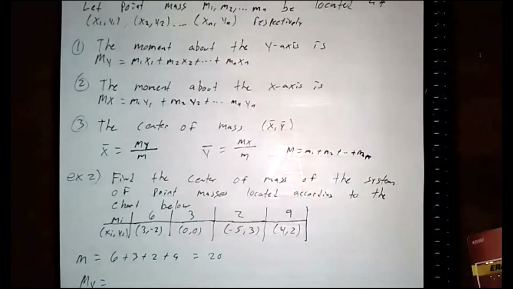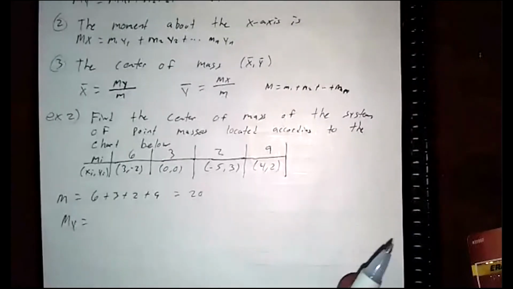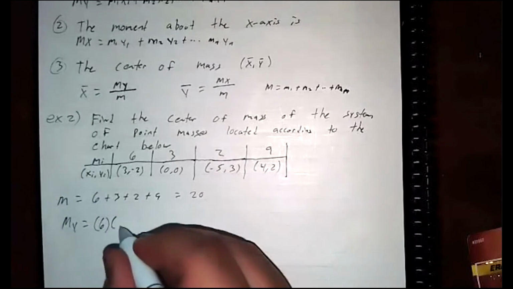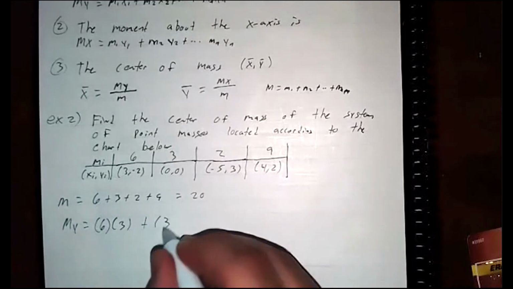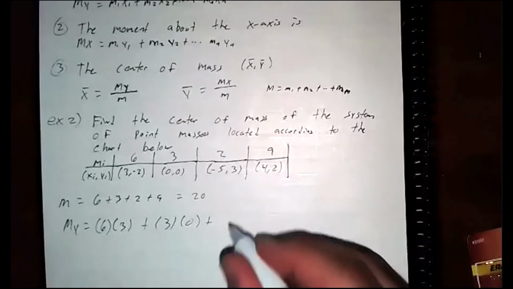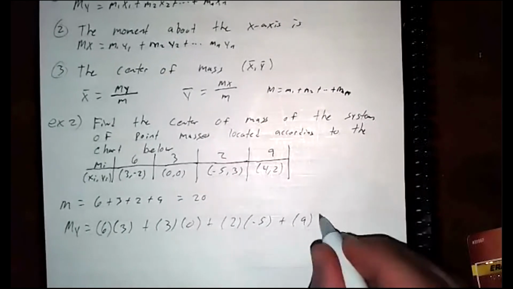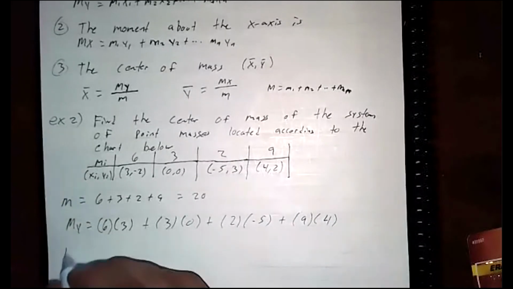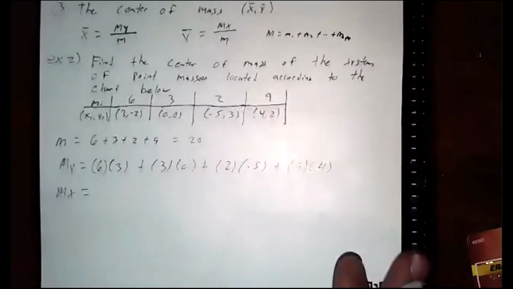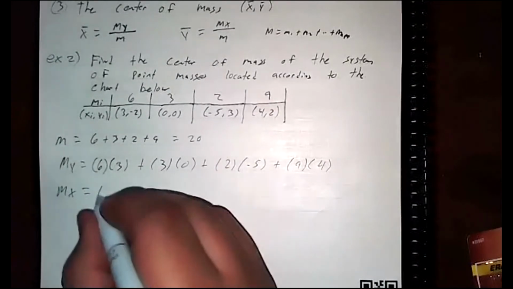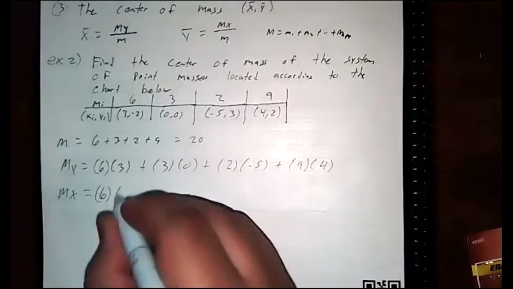So when I'm doing the moment, I'm going to multiply the mass times its respective x. Yeah, there we go. I always get that mixed up in my head. Mx, same deal, same masses, but now you choose the y values.